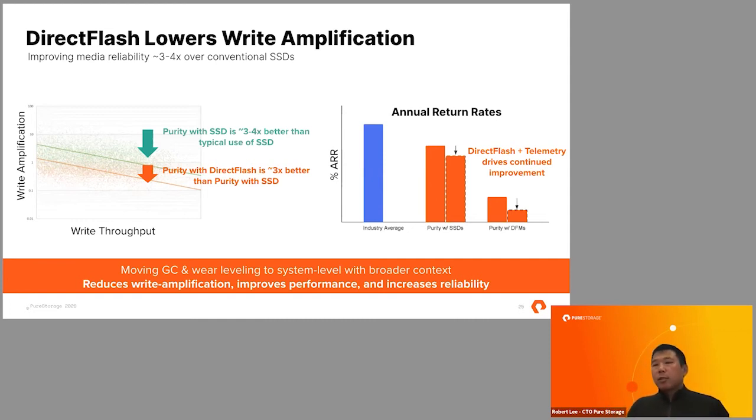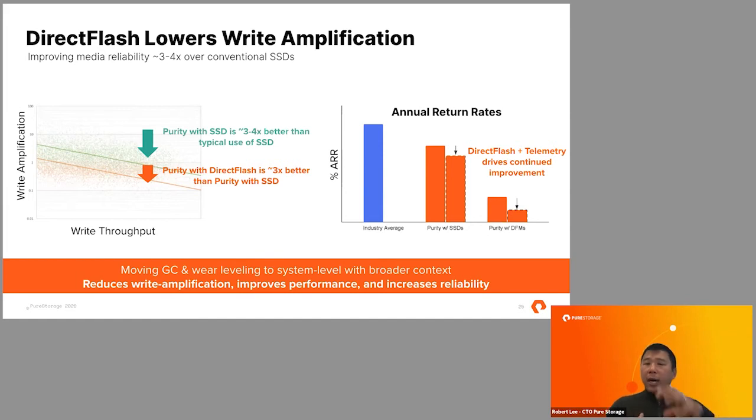And so, if we take a look at the graph on the left, what this is showing is that with just the Purity software, the metadata representation, the way that we manage that metadata, the way that we garbage collect the data, the way that we pack customer data, we're able to reduce write amplification by about 3 to 4x, as compared to your typical SSD usage. That's great. You add DirectFlash into the mix, which is the ability to have visibility and direct control down to the flash chip layer, and we can get about a 3x improvement upon that.